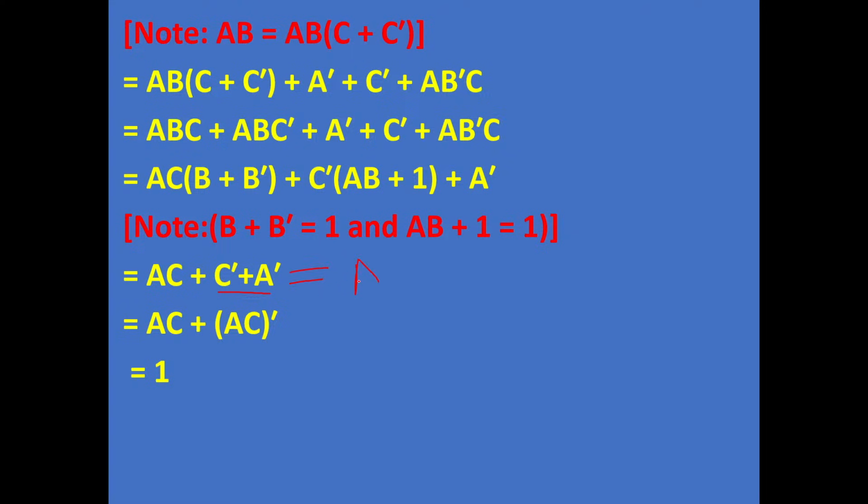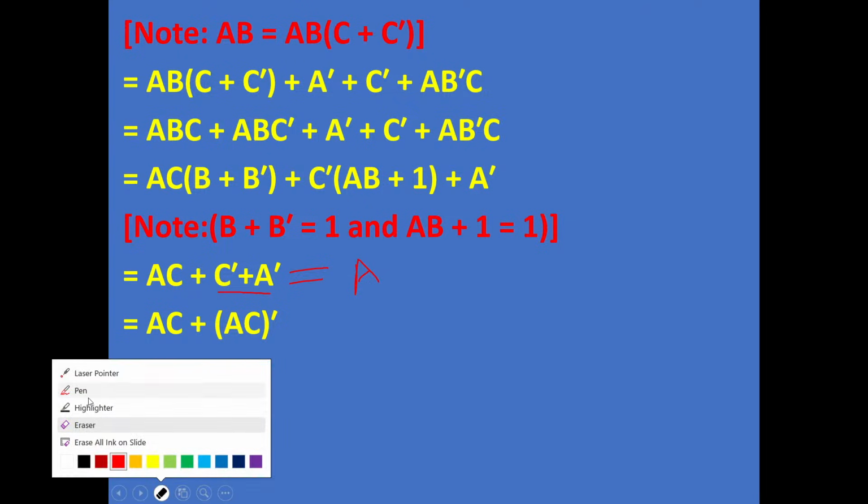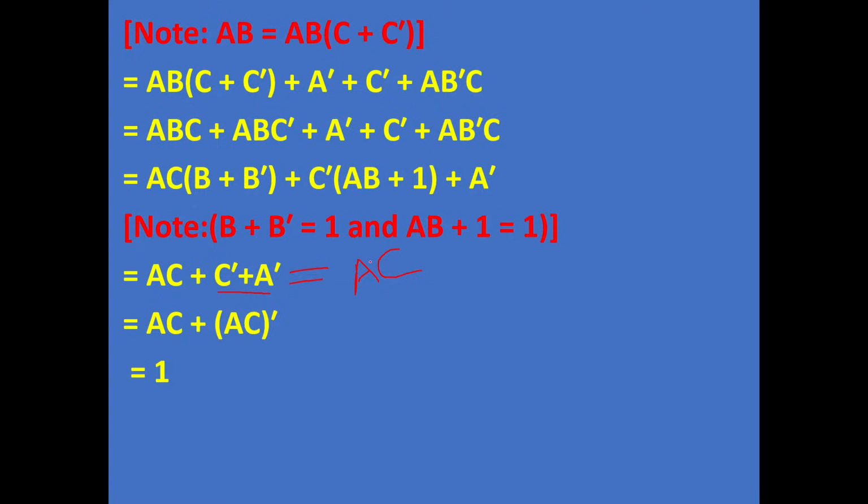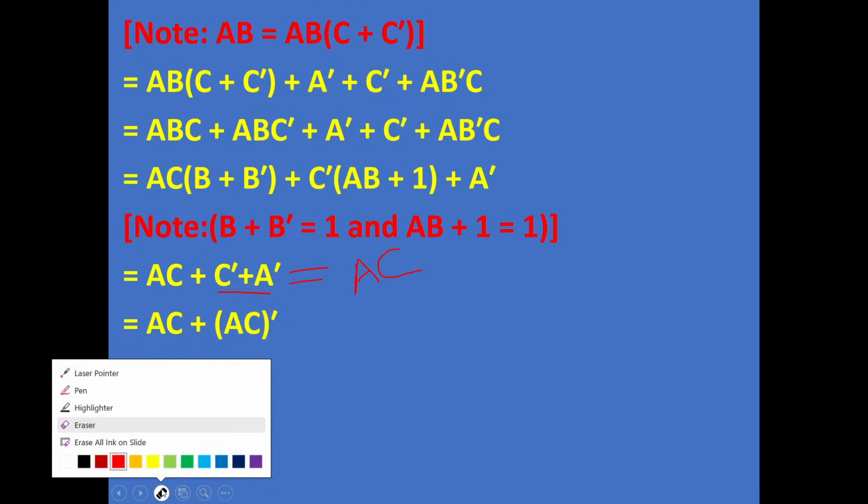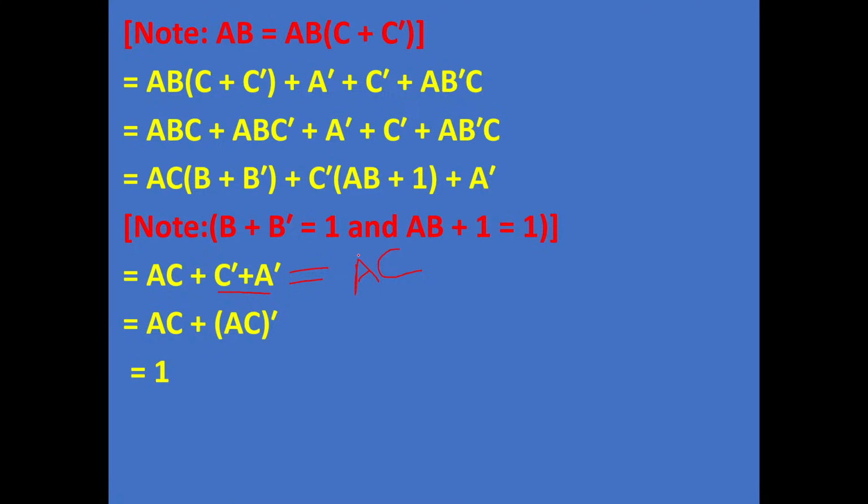A into C whole bar. My cursor is very sensitive, I should not press it too hard. A bar plus C bar is nothing but AC whole bar. So that's what I have written: AC plus AC whole bar.